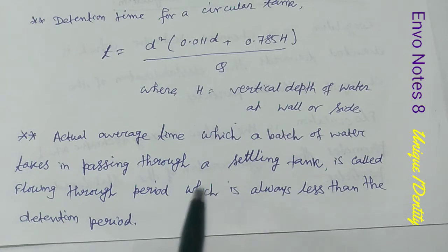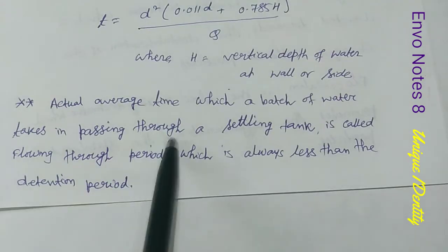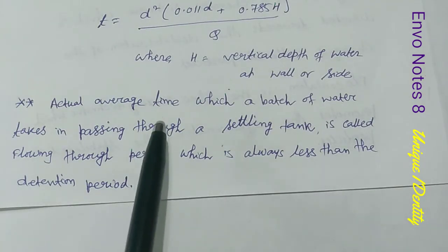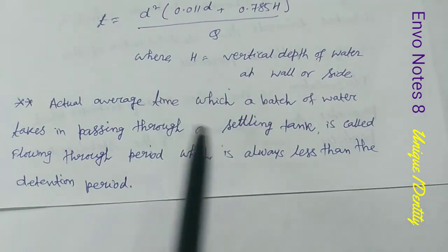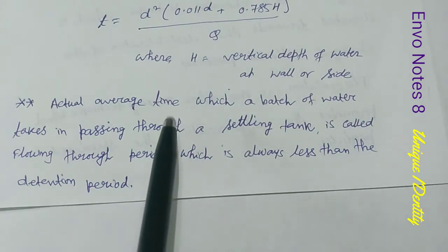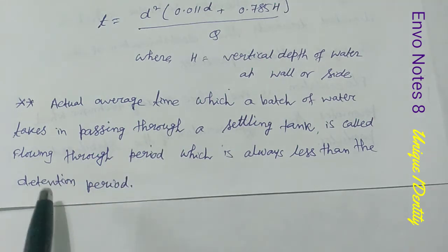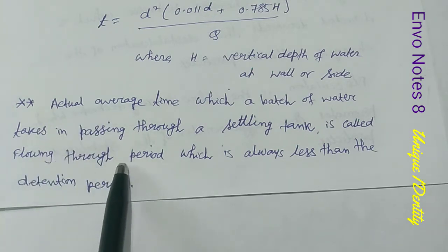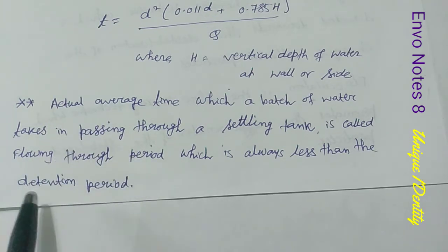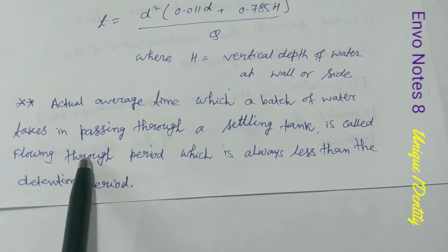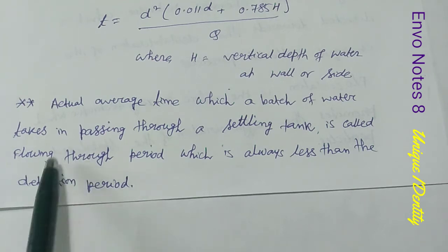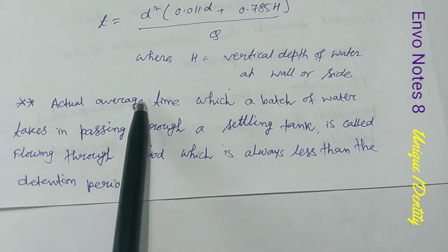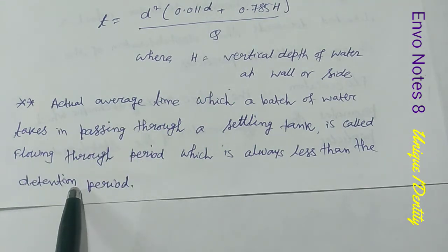That means whenever some water is being stored in a tank, it will stay there for some time. Theoretically the time is called detention time, and whenever it is the actual average time, it is called flow through period. That is the difference between detention period and flow through period. Okay. Flow through period is the actual average time and detention time is the theoretical time.